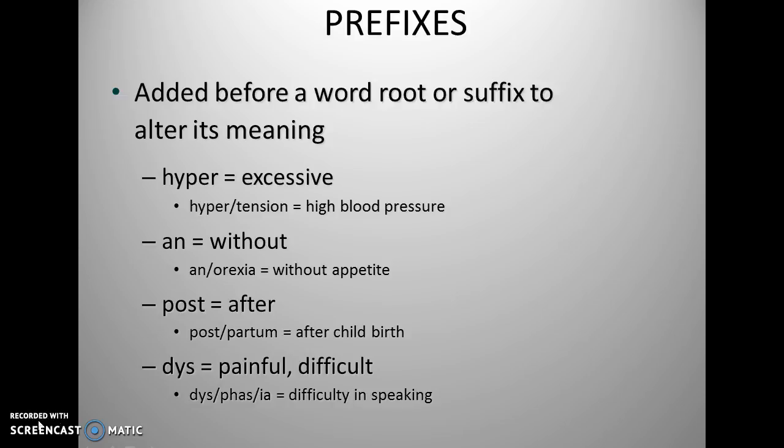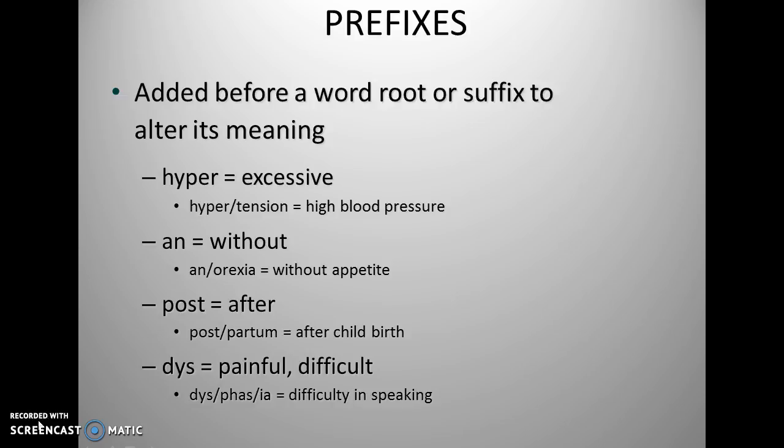Let's look at some of the prefixes. Again, we defined prefixes before, and we're going to do it in a little bit more detail. These are added before the root word or suffix to alter its meaning. For example, when we talk about hypertension, we're talking about high blood pressure. And I believe that was one of the questions on your quiz for chapter 4. And hyper means excessive. Anorexia, without appetite.